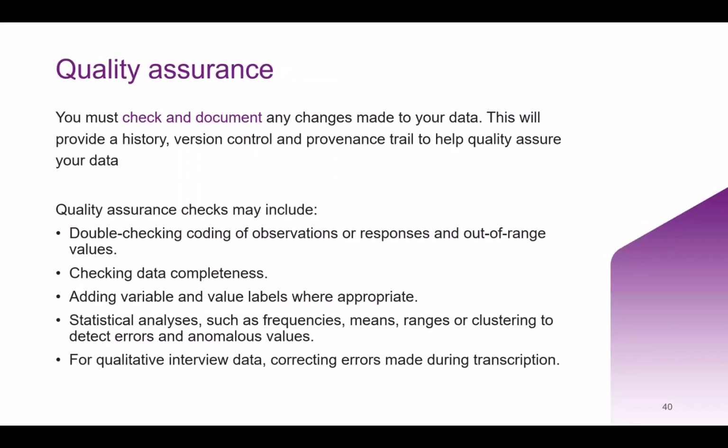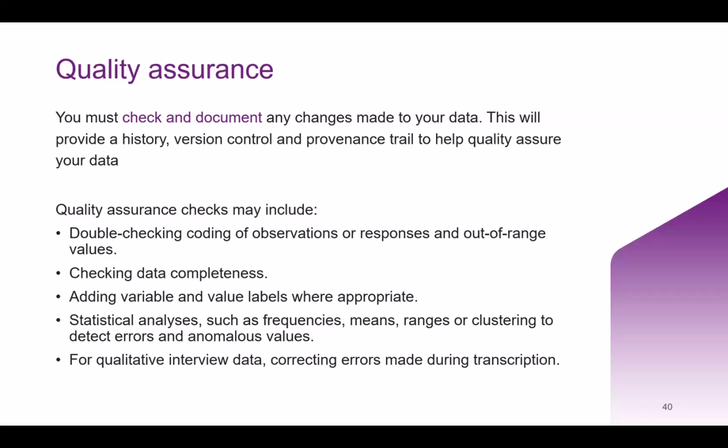You should always check and record any changes made to your data, as this creates a clear history and version control, ensuring a reliable provenance trail. This process helps maintain the quality and trustworthiness of your data set, and quality assurance checks can include carefully reviewing the coding of observations or responses to spot mistakes or out-of-range values, as well as checking whether the data is complete.